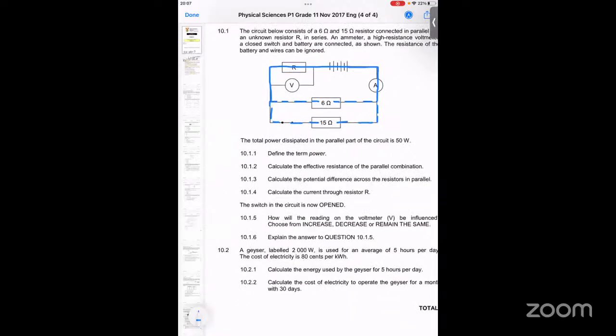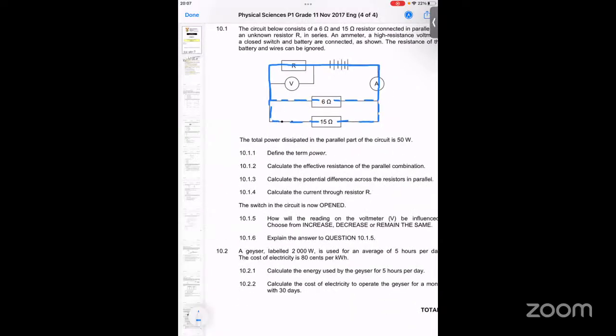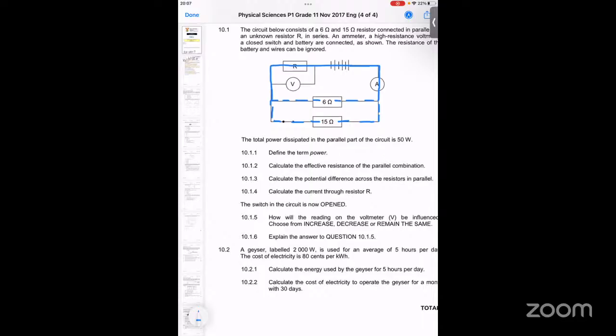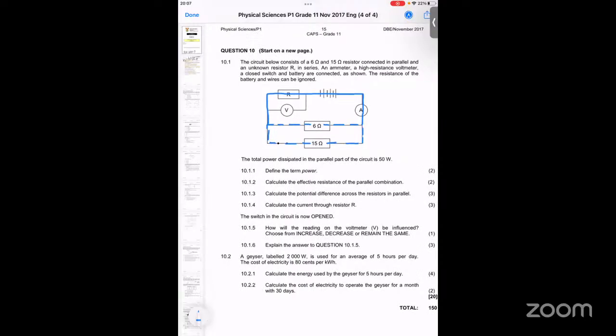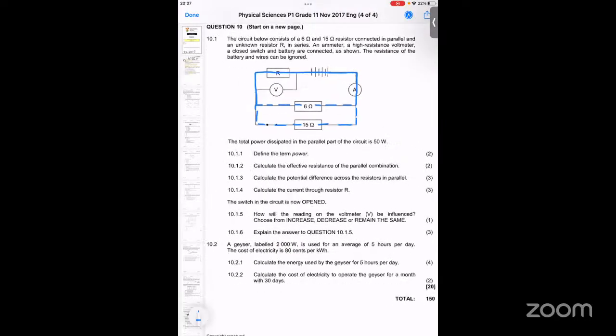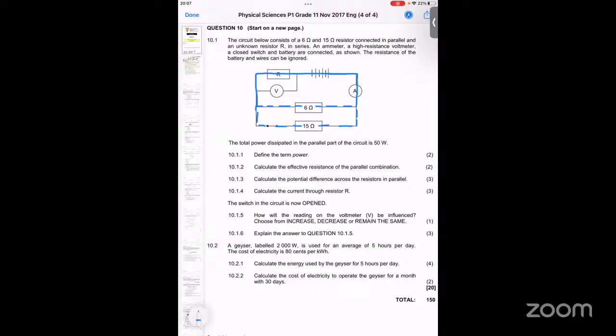So that means we have the 6 ohm resistor connected in parallel with the 15 ohm resistor. We have resistor R over there, which is connected in series. And then we've got a voltmeter connected across that resistor R with that ammeter connected in series, which means it reads the unsplit current, or the current that is going to split in that parallel connection.